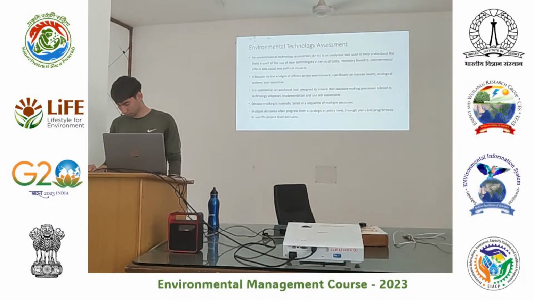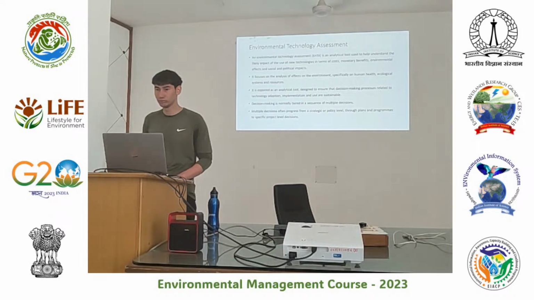And then we started with the environmental profile. It consists of information on any city, developmental sectors or any activity. The chapters of the environmental profile consist of city introduction, which gives a high-level summary and selective introductory information about the city.